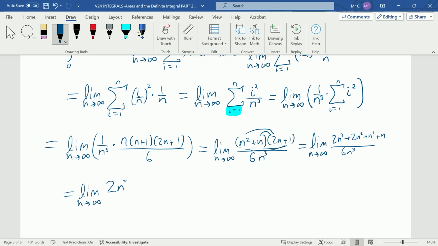And I'll rewrite that one more time. 2n cubed plus 3n squared plus n over 6n cubed.